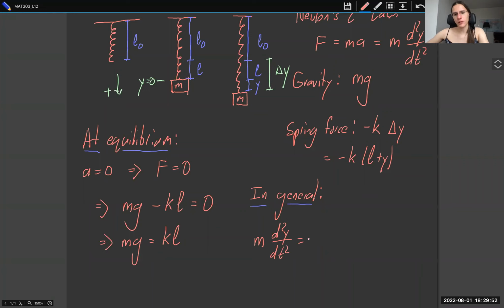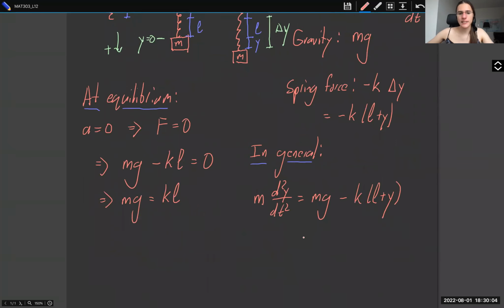And so the sum of the forces are mg and then minus k(L plus y). Now, what that's equal to is mg minus kL minus ky, and then I'm going to bracket this term, and this term we found to be 0, right?